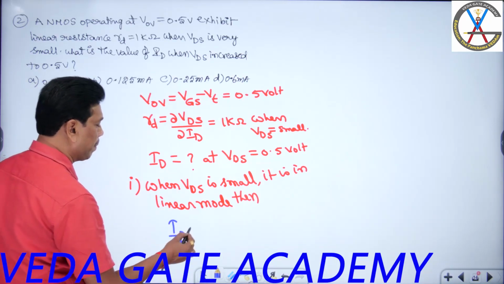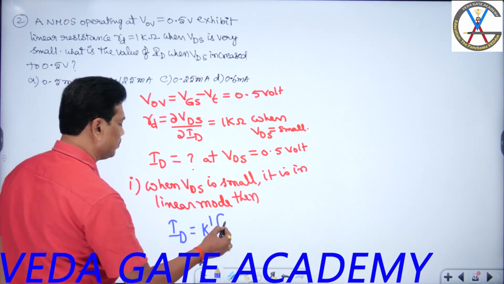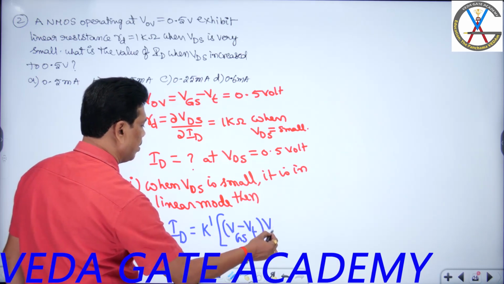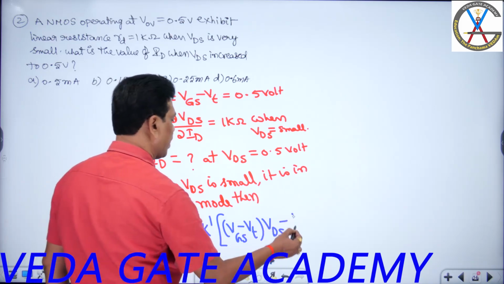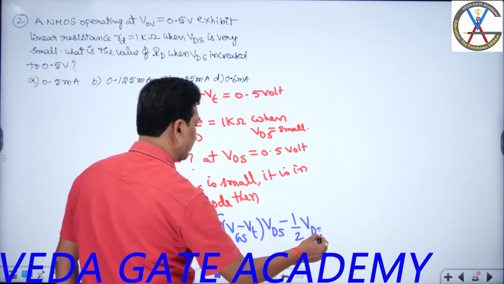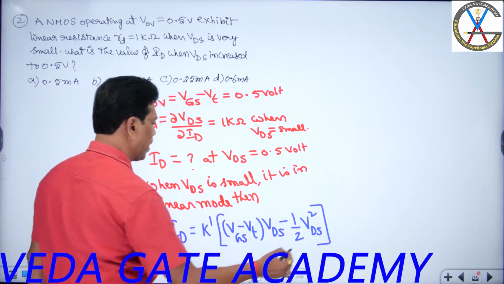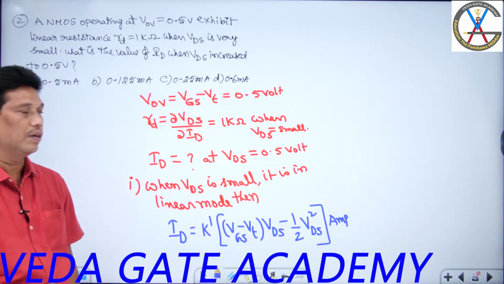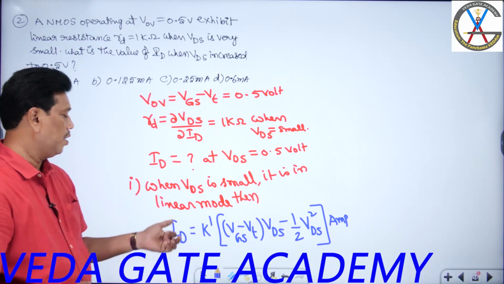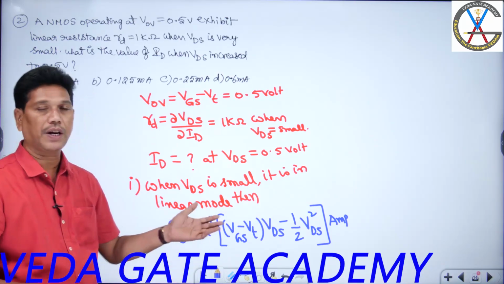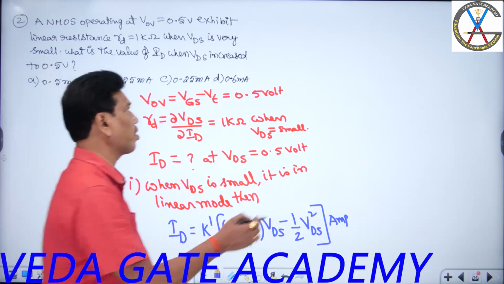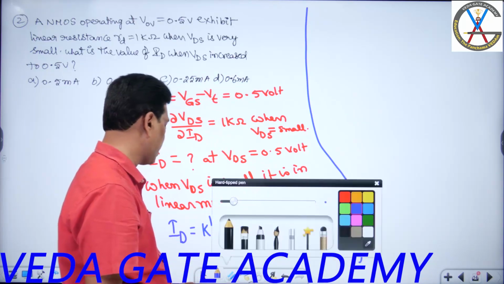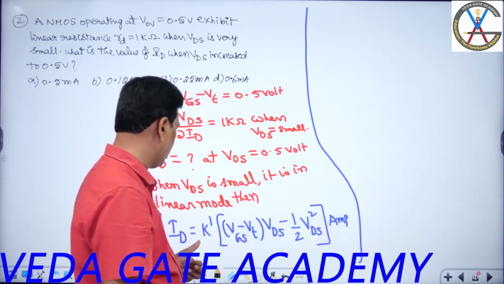ID equal to K dash into VGS minus VT into VDS minus VDS square, ampere. So this is the drain current you can get, students. Now I need dou VDS by dou ID. So first I can do dou ID by dou VDS, after that I take the reciprocal. By that I can get the transconductance parameter with the drain resistance given, students. Okay, now I can go forward, sir. Dou ID by dou VDS first.